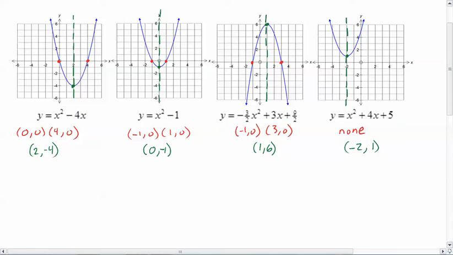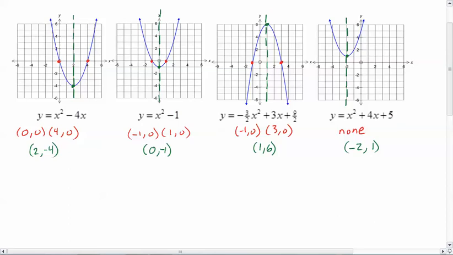What do you notice about the graph on either side of this line? Well, hopefully you recognize that it's an exact mirror image, right? If you look at these x-intercepts, this x-intercept is 2 spaces to the right of the vertex. That intercept is 2 spaces to the left of the vertex. This one is 1 to the right, 1 to the left. 2 to the right, 2 to the left.